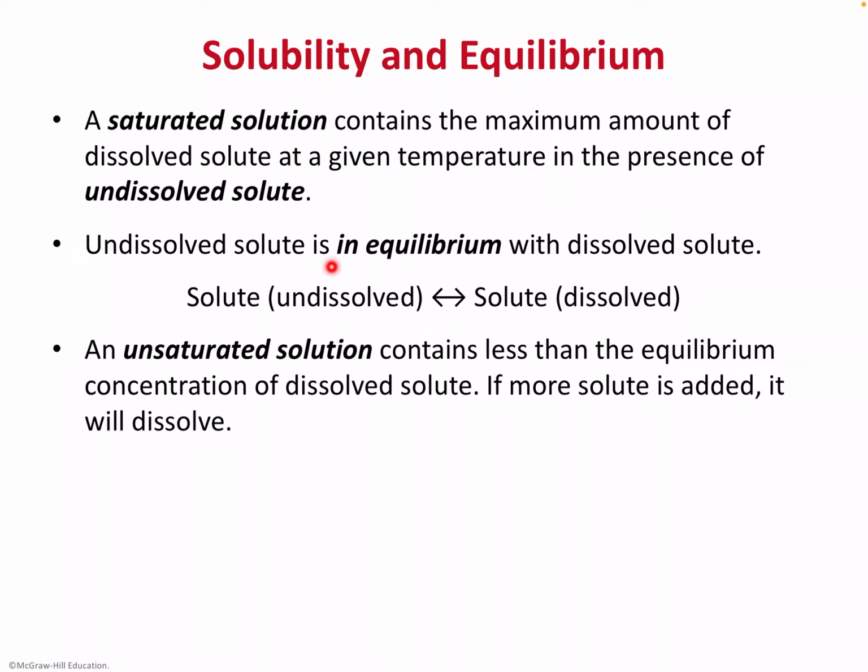Undissolved solute is in equilibrium with dissolved solute. If you cannot dissolve any more after it becomes saturated, some solute is undissolved and some is dissolved, so they are in equilibrium. An unsaturated solution always has less than the equilibrium concentration of dissolved solute. If more solute is added, it will dissolve.